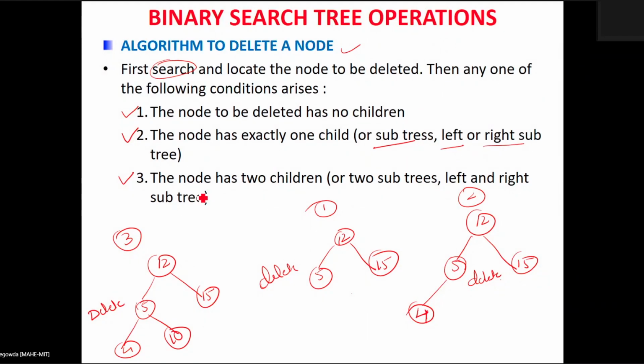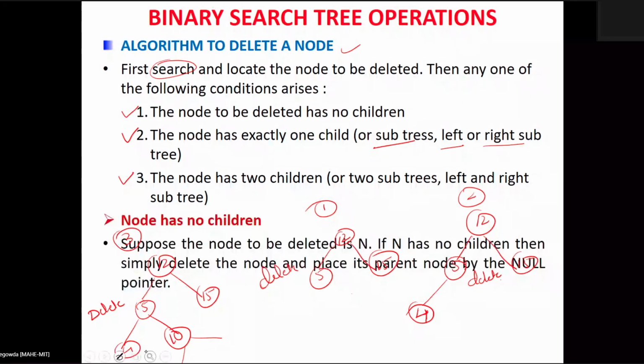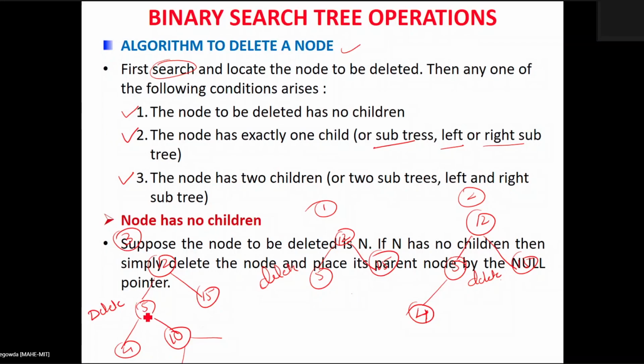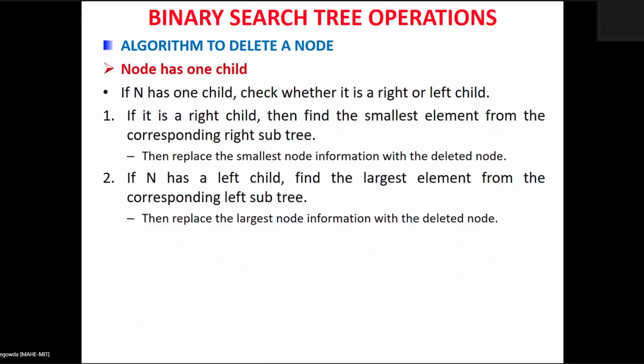The third one is the node has two children, or it may have two subtrees, left and right. Say for example, if you want to delete this 5, we have a left subtree for 5 and also a right subtree for 5 here. Our algorithm should be able to take care of all these situations.